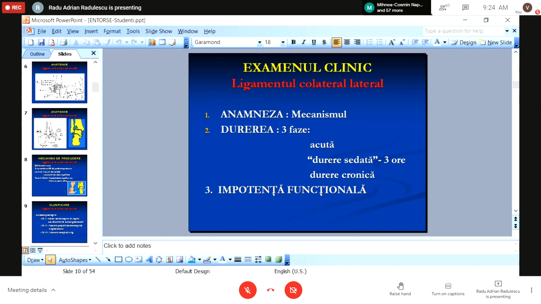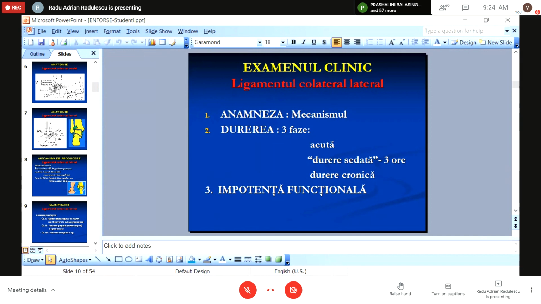The physiopathological phenomenon is more or less the same. But after 3 hours, when the balance between synthesis and consumption of the mediators is equilibrated again, the pain will come back, but not at the same intensity as it was immediately after the trauma. It's the so-called chronic pain, which has an intensity somewhere in between the acute pain and the sedated pain.